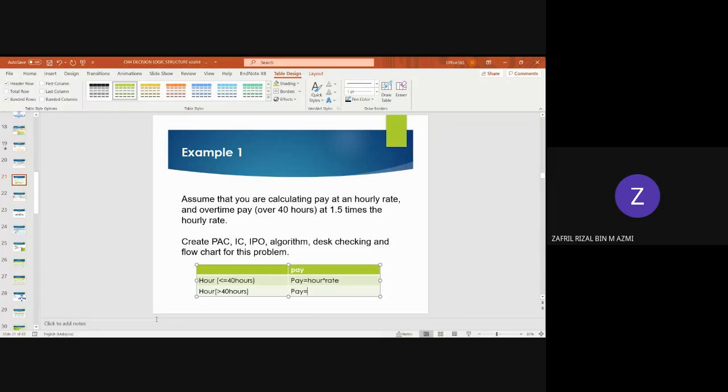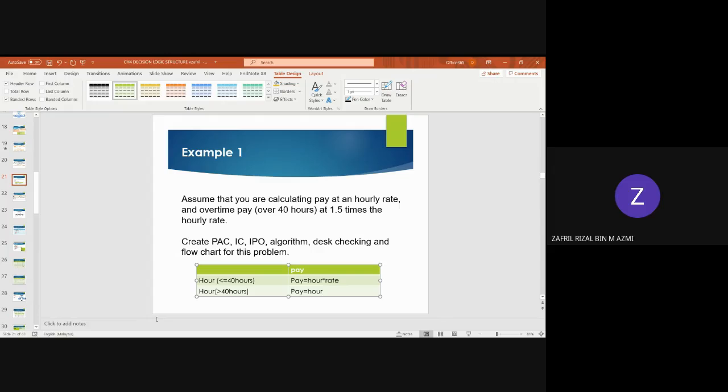Are you sure? Hour minus 40. Hour... cuba fikir. Minus 40. There will be an equation over there. This one you need to think a little bit for the entire equation.